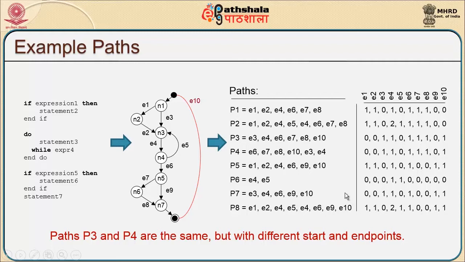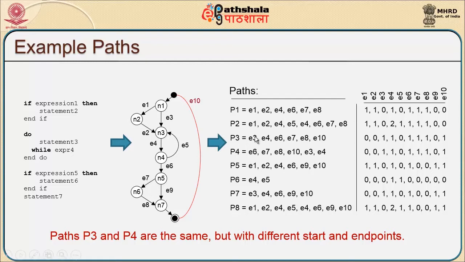If you look at all the 8 different paths, and specifically at paths P3 and P4, although the traversal has been different, say we have started with E3, E4, E6, E7, E8 that is one path, or otherwise we have started with a do statement which starts with E6, E7, E8, E10, which is a virtual path, and E3, E4 again, which means both are executed with the same list of activities.